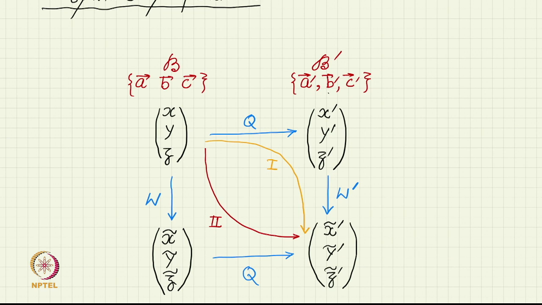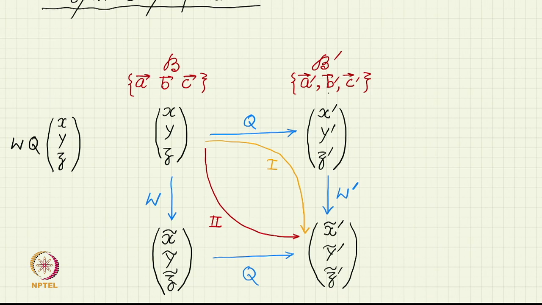So, what will I get? I have x, y and z. I multiply it by q to get x prime, y prime, z prime. Now, what should I do to get x tilde, y tilde, z tilde? I have to multiply by w prime, because after multiplying by q, I am in basis B prime.